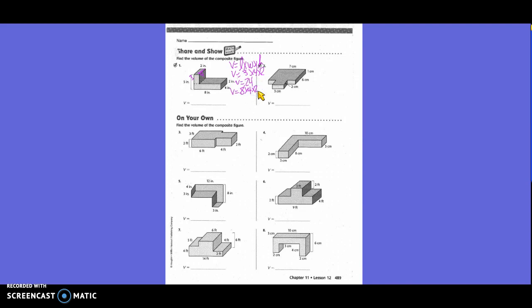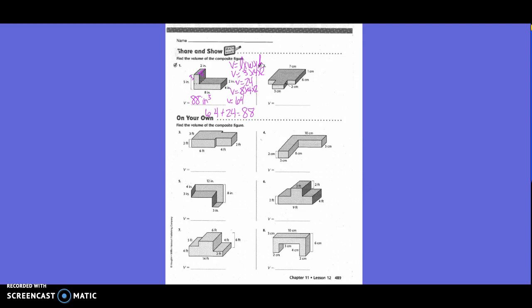What is that? 8 times 4 is 32 times 2, which is 64. So then we would do 64 plus 24 and get what? 88. 88 what? Inches cubed.